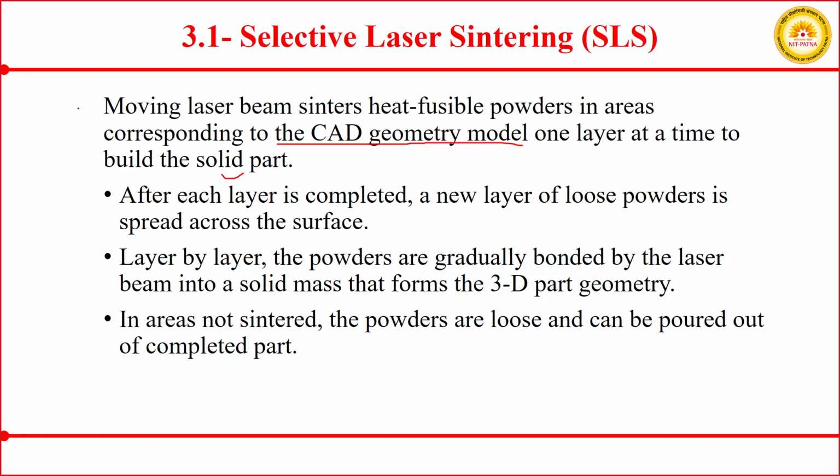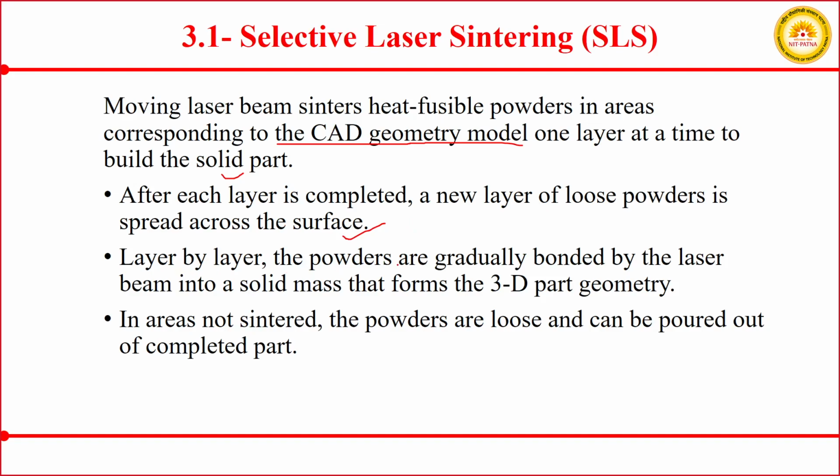This process is more or less the same as the previous process, but here, instead of liquid, we have metal powder, or the material powder, which is spread over your build platform. After each layer is completed, a new layer of loose powder is spread over the surface. So after each layer, you spread fresh powder again on the surface of your previously solidified layer.